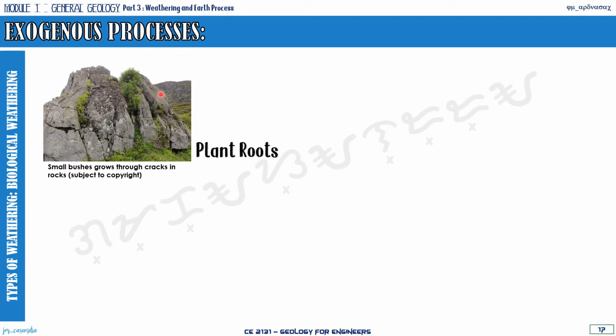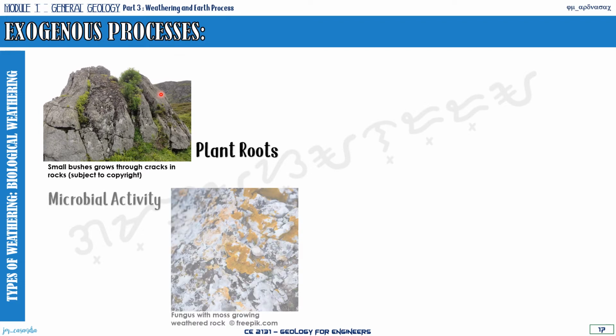Other biological activity that would affect weathering. So we have microbial activity. There's fungus with moss that would grow on a rock, causing weathering.